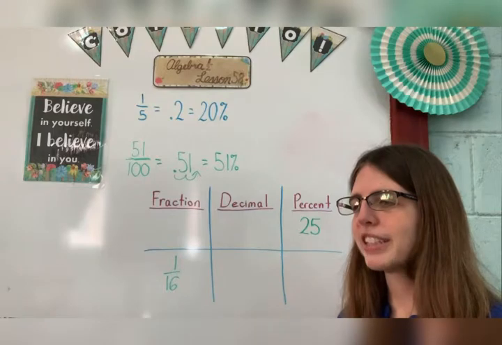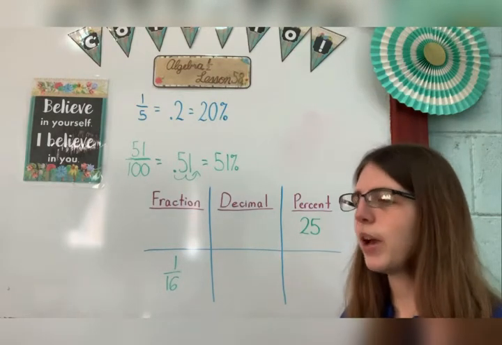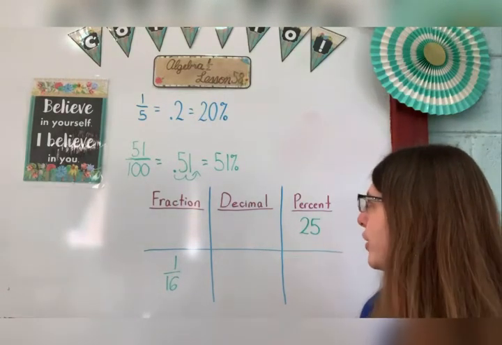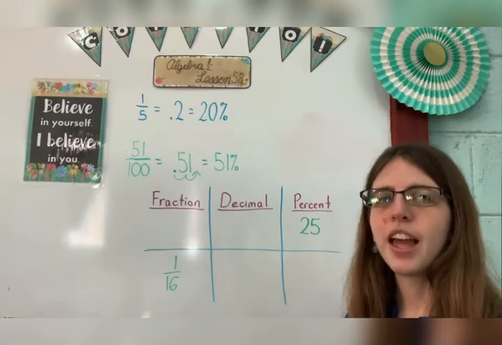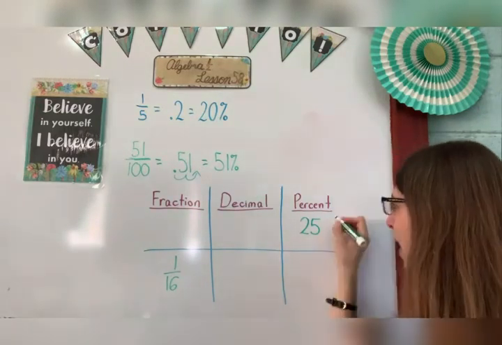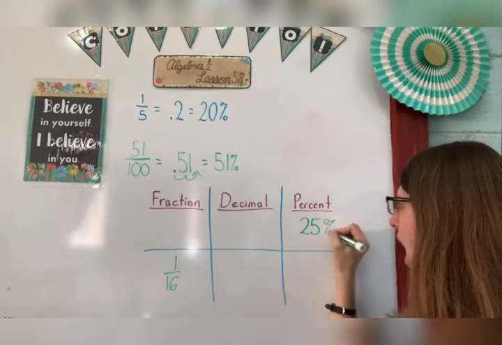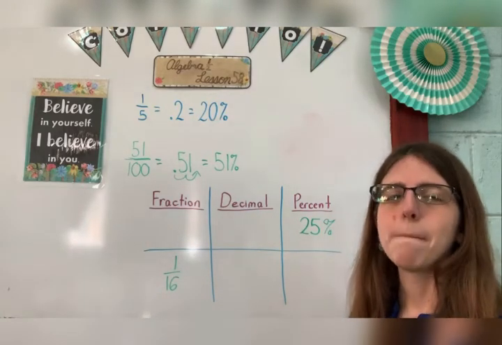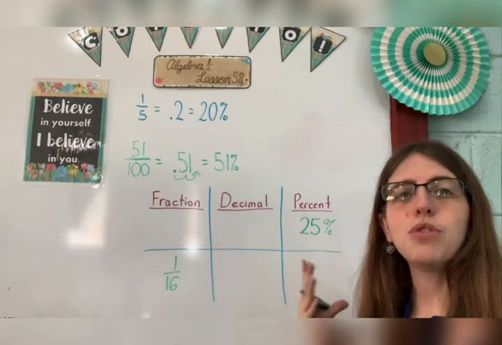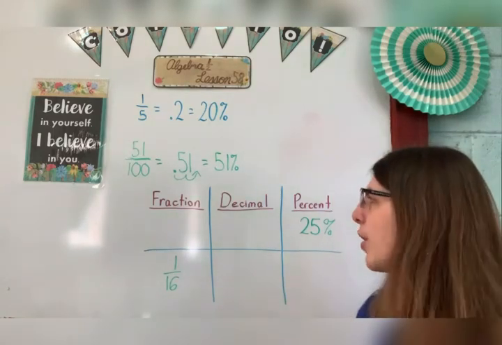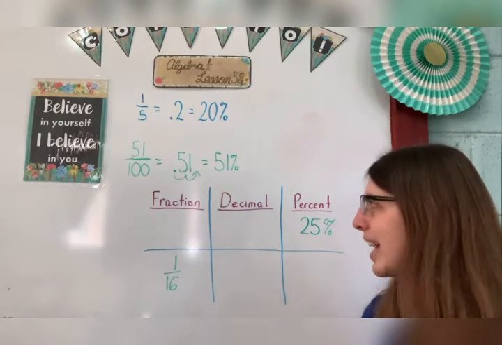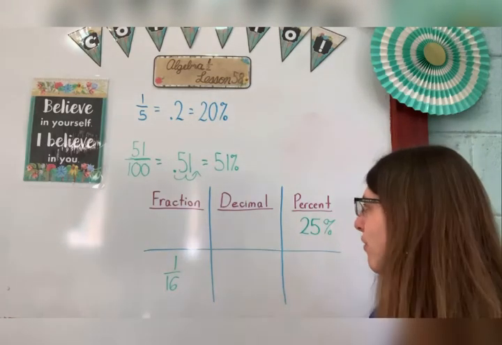So let's look at example 58.2 and let's complete the table. So I know that I have 25%. Now notice in your table, in your book, they just have 25 without the percent sign. I would go ahead and write it in when you are doing your table so that you don't forget. It's not just 25, it's 25%. Okay, let's change that to a decimal because I need to find my decimal and my fraction.